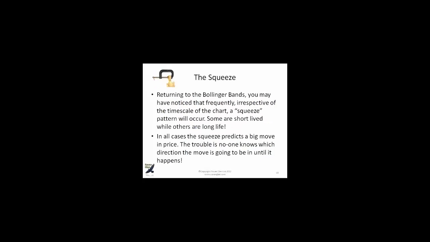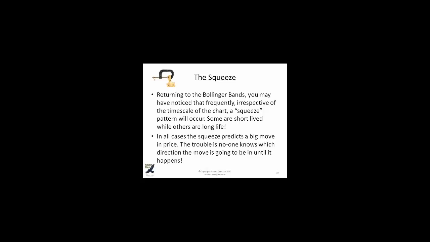As exciting and useful as Jeff's lines and whole number pivot points are, I don't want anyone to forget about our good old friends, the Bollinger Bands. I'm just returning to that subject for a short moment to cover an aspect of the Bollinger Bands that I think you'll find interesting and useful. That is the squeeze. You may have noticed that frequently, irrespective of the timescale of the chart, a squeeze pattern will occur where the two lines become very close together.